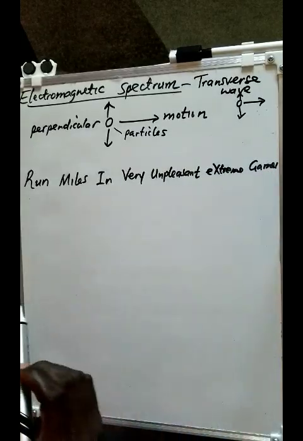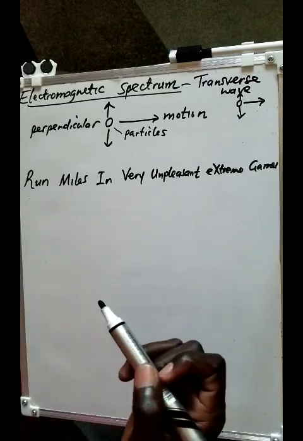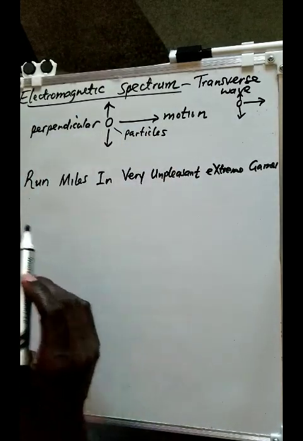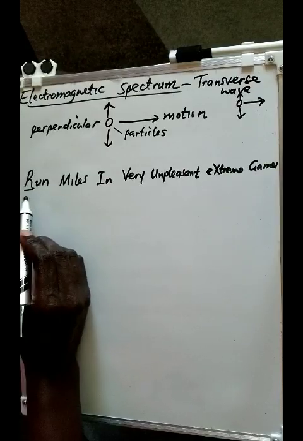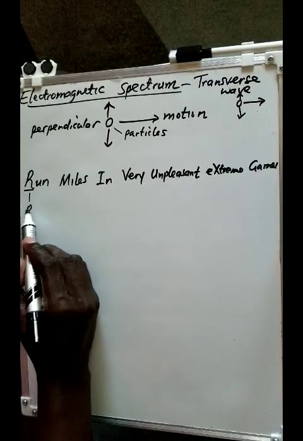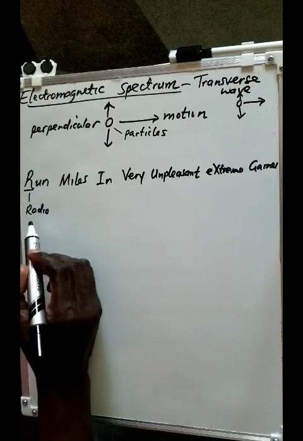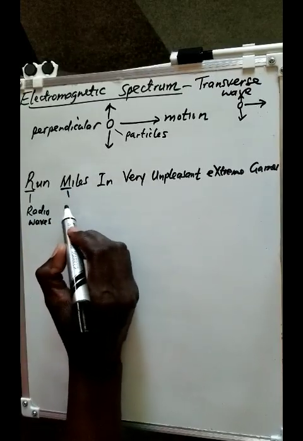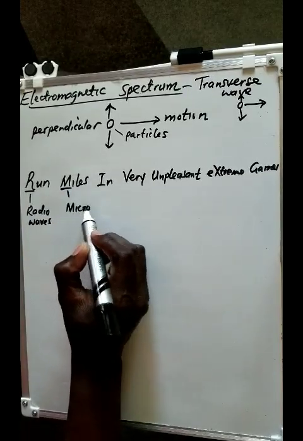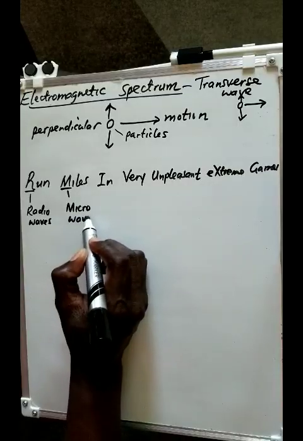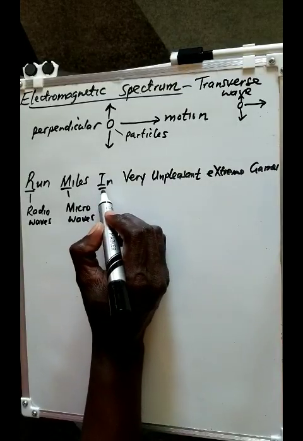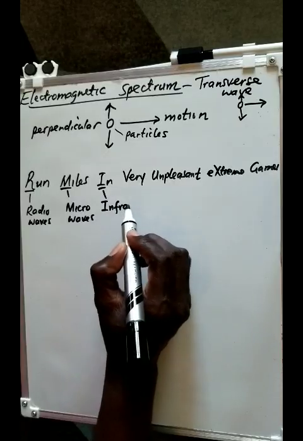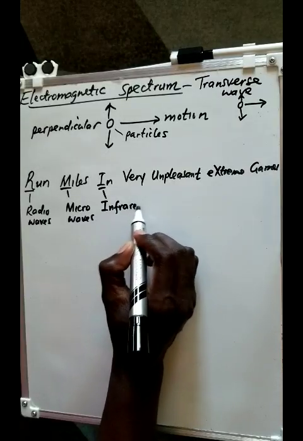So once you remember this memory aid, then you know the order in which the waves in the electromagnetic spectrum are going to be. For example, the R there is representing radio waves. The M there is representing microwaves, and the I there is representing infrared waves.